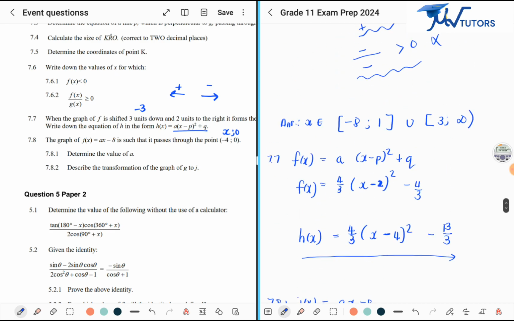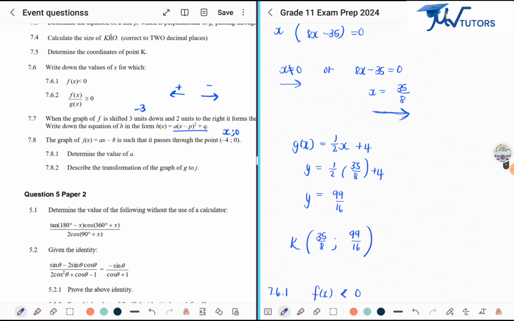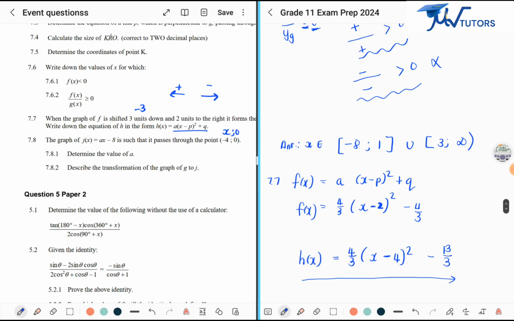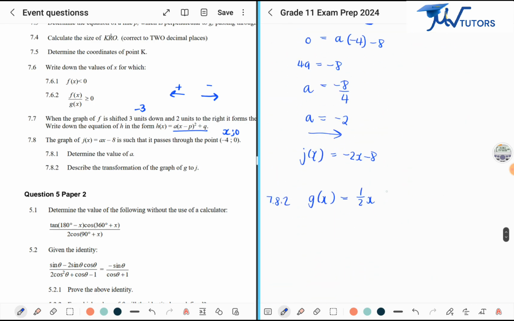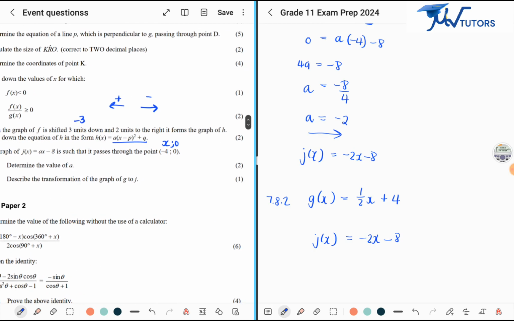I need to go check, I forgot. Half x plus 4. And then J is negative 2x minus 8. Now we need to describe the transformation. For how many marks? 1 mark.